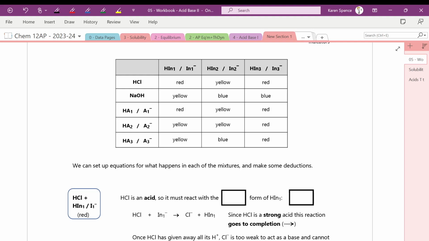It's implying that it's... I don't know why. Oh, HA2 or HI?